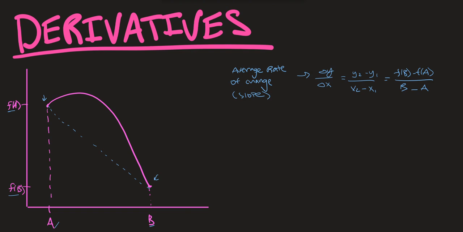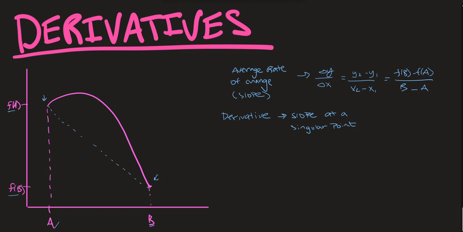Now, what derivatives are is they tell us the slope at a singular point. That's why they're super important and special. They give us the slope at a singular point. So let's say we wanted to find the slope at this point here.